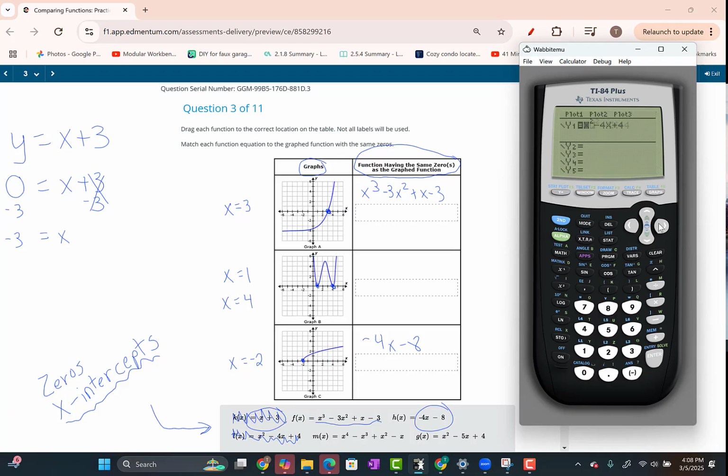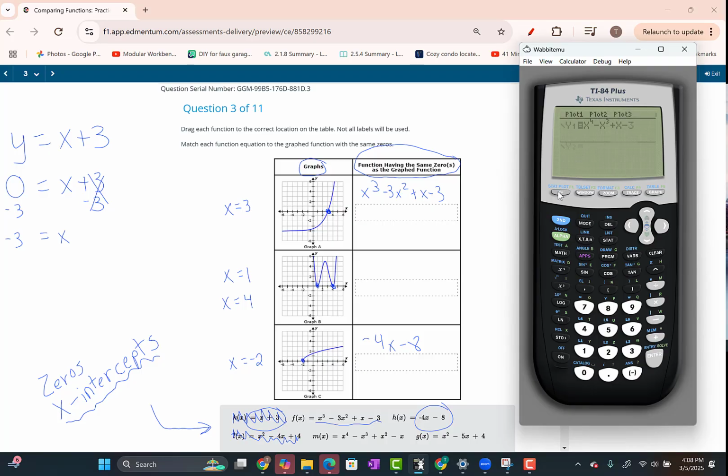The next one is x to the 4th minus x to the third. The hardest part is typing it in correctly. Graph it, and this one does appear to cross at a couple of different decimals.